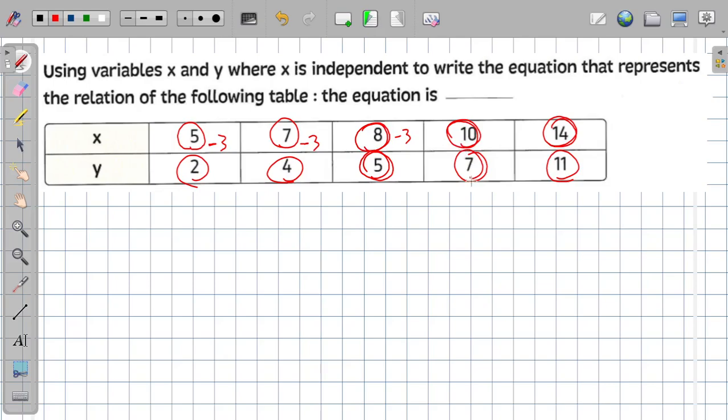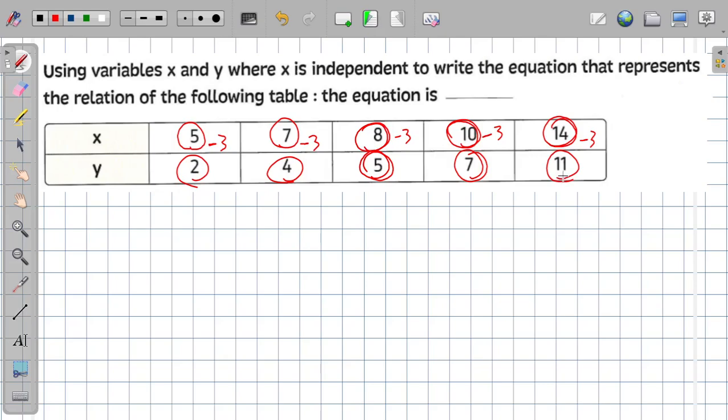Here I have 10 and 7. And 10 minus 3 equals 7. So the difference here is also 3. I have 14 and 11. So the difference here is 3. So if I subtract 3 from 14, I get 11.